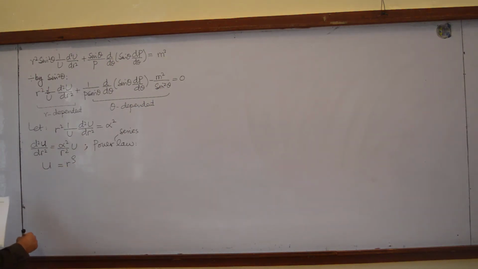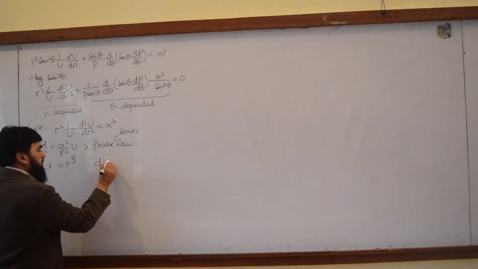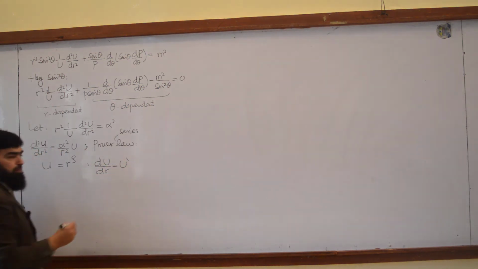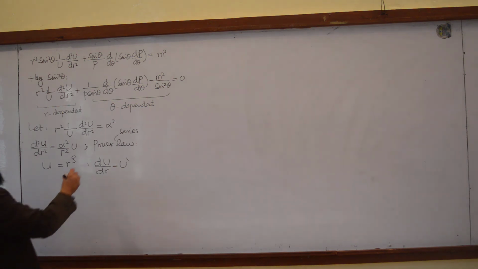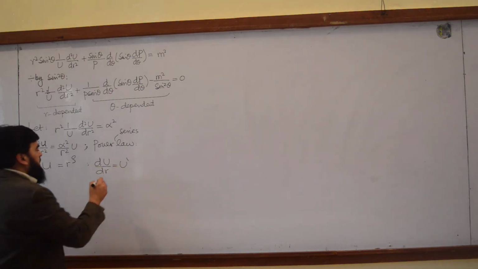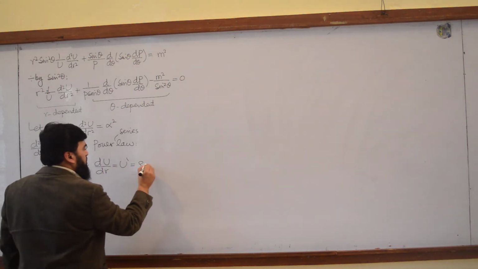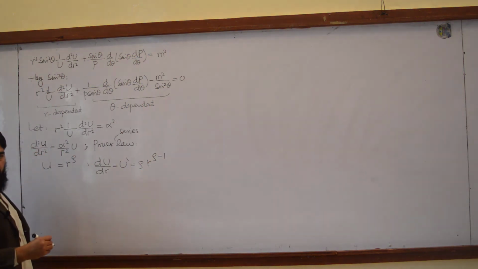Here r is the variable, and rho is any number, it is the power of it. So I suppose u equal to this one. Now what about du by dr? Can I write it as u prime, because writing all these notations is difficult. So u prime will be equal to rho r to the power rho minus 1.